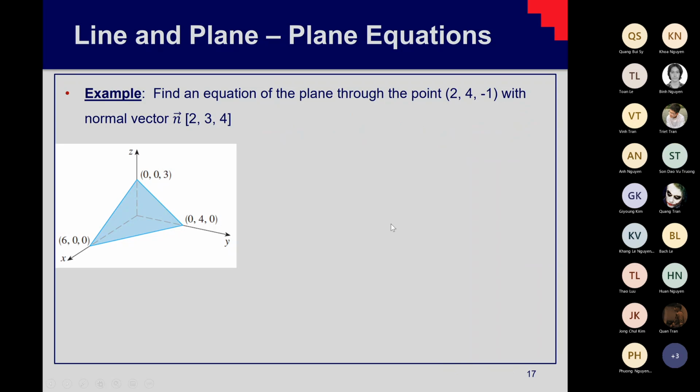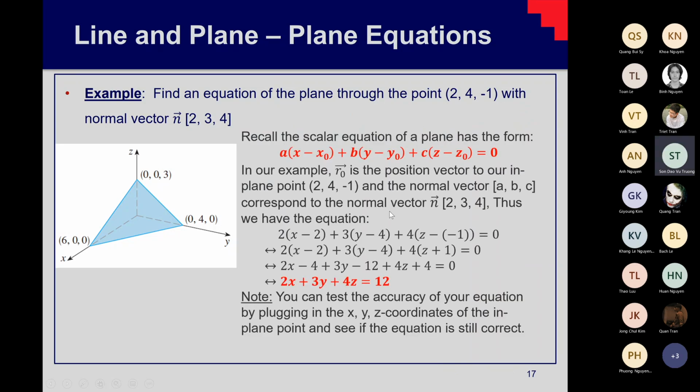All right. So as I have mentioned before, we can use the scalar equation of the plane: A times (x minus x0) plus B times (y minus y0) plus C times (z minus z0) equals 0. In our example here, R0 will be the position vector in our plane.